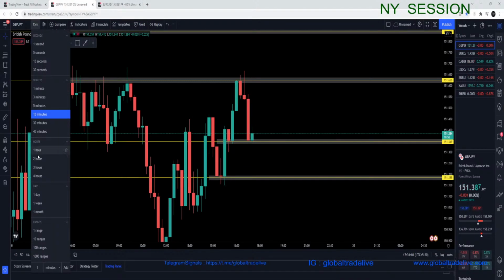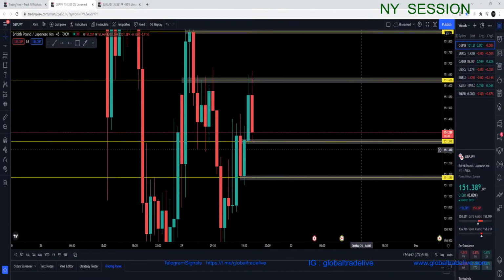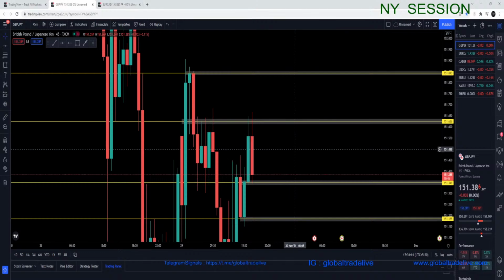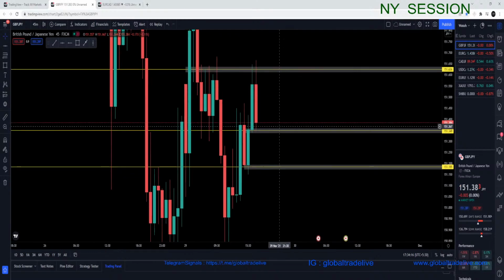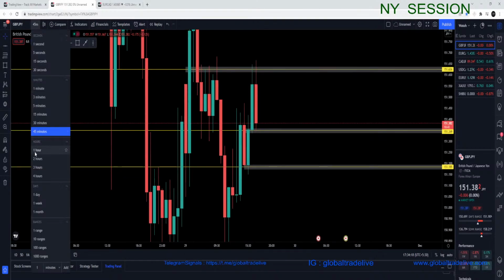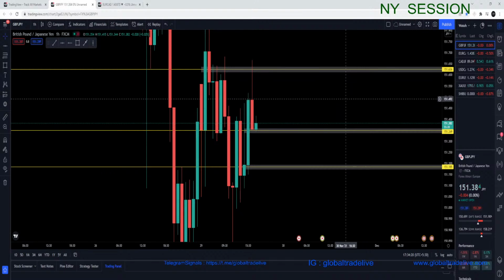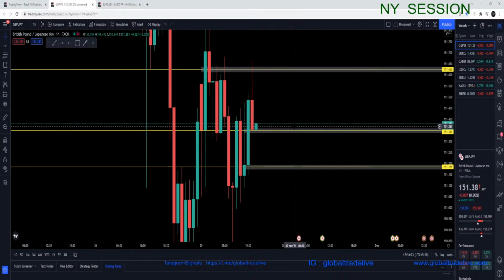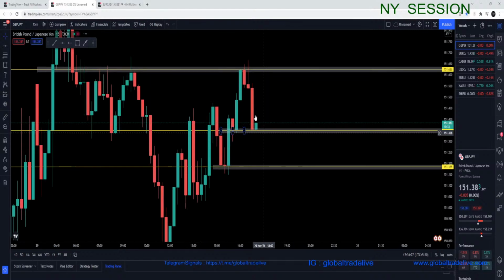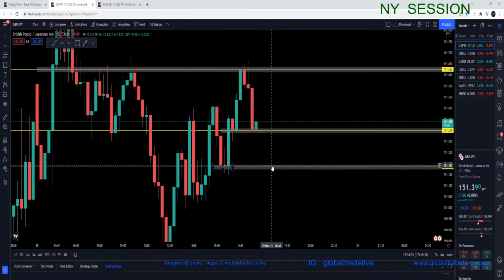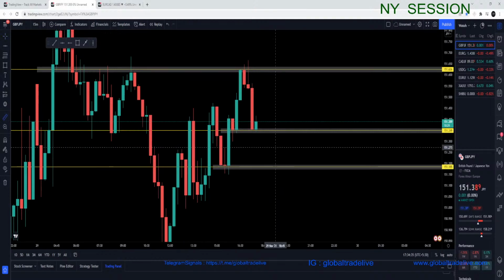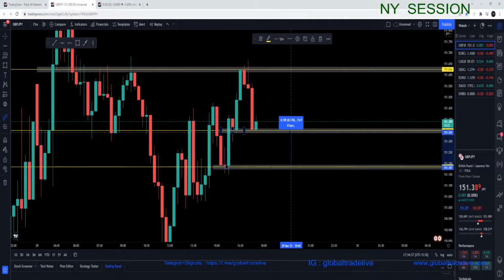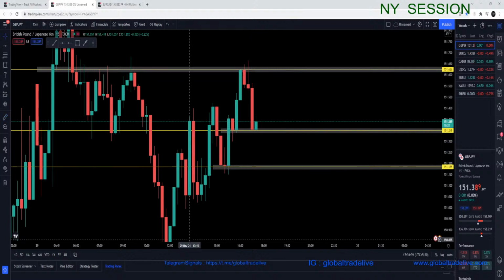And in case of JPY, we have, I think JPY should be, it should be moving down to this level.